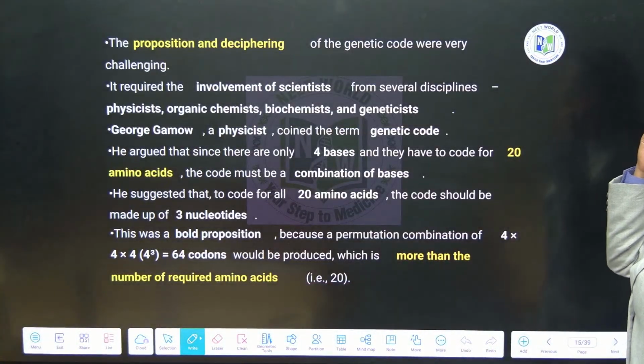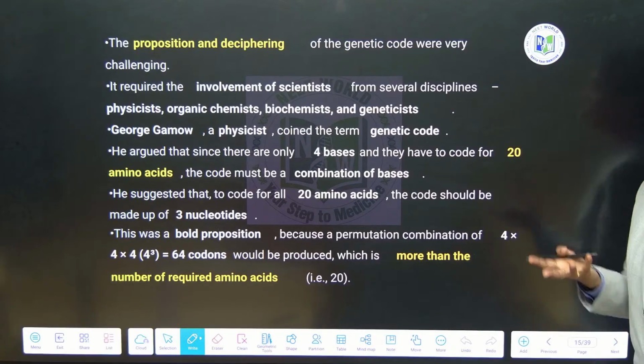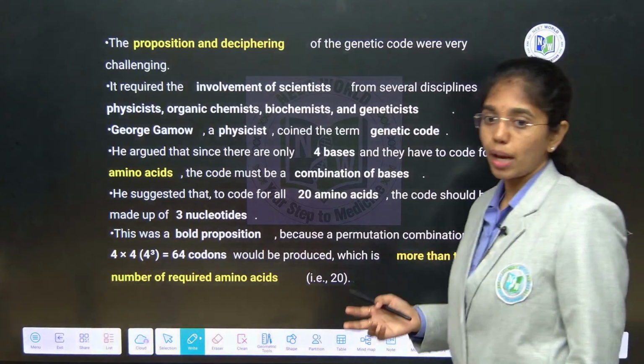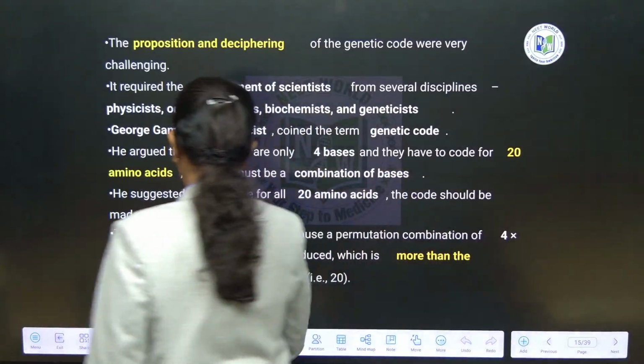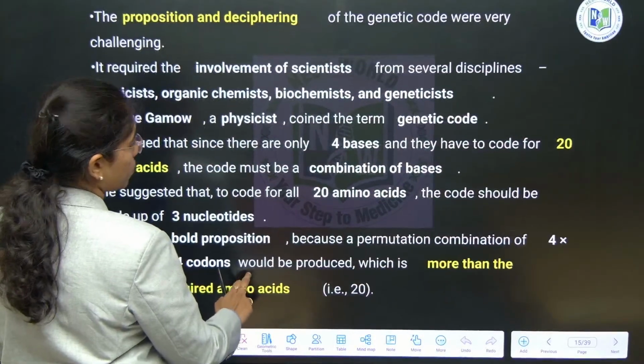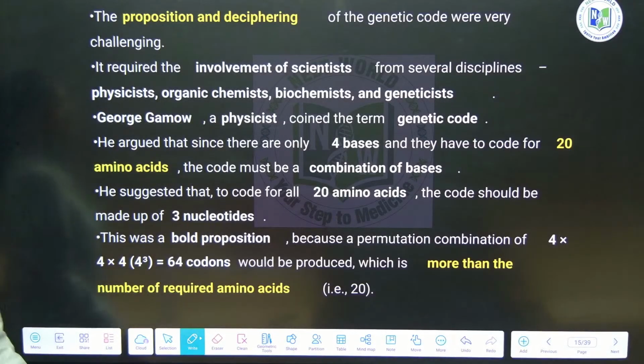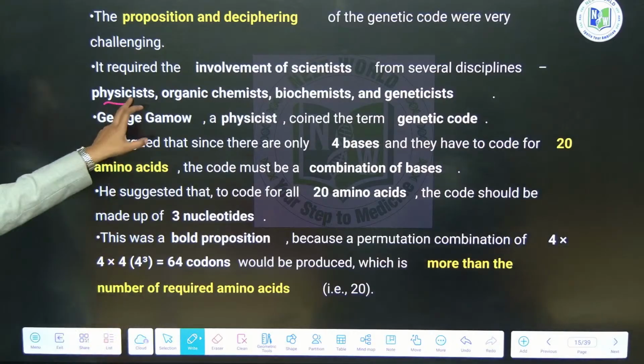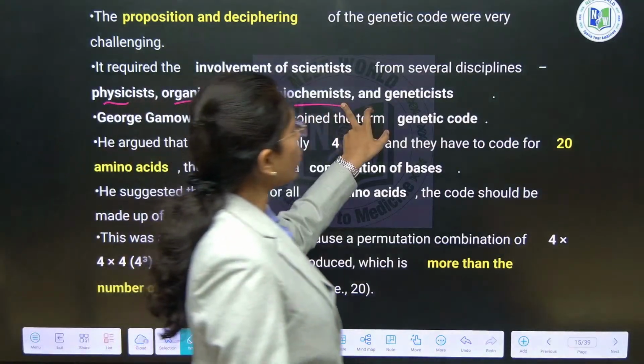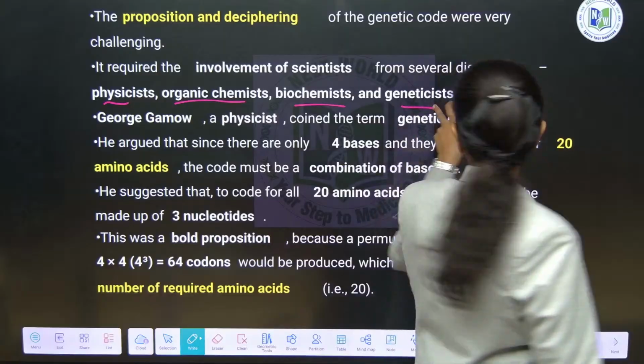The proposition and deciphering of the genetic code was very challenging because there are 20 amino acids. It required the involvement of scientists from several disciplines like physicists, organic chemists, biochemists and geneticists.